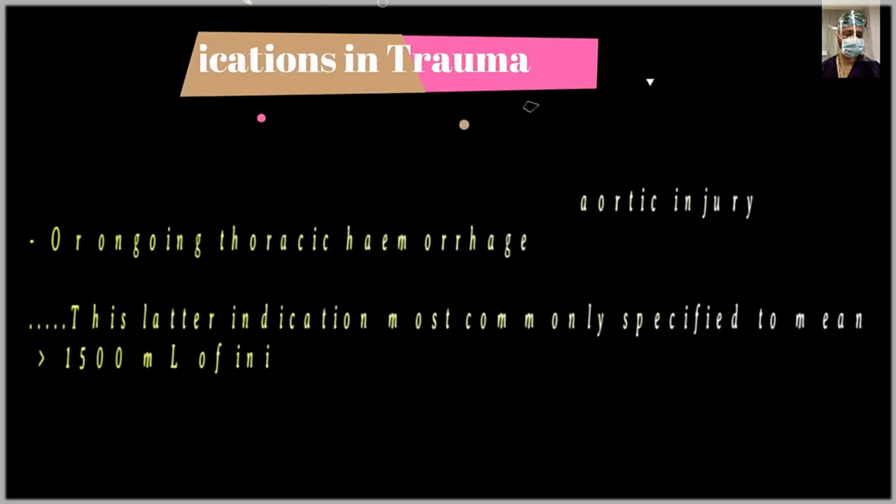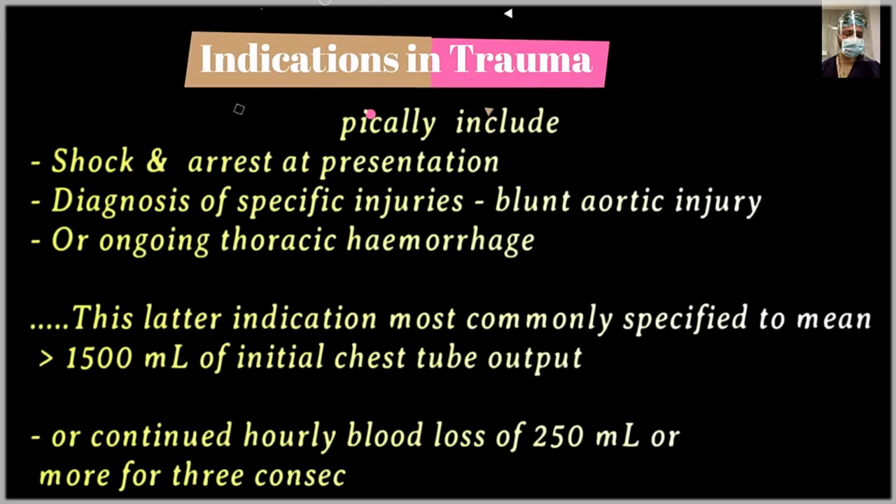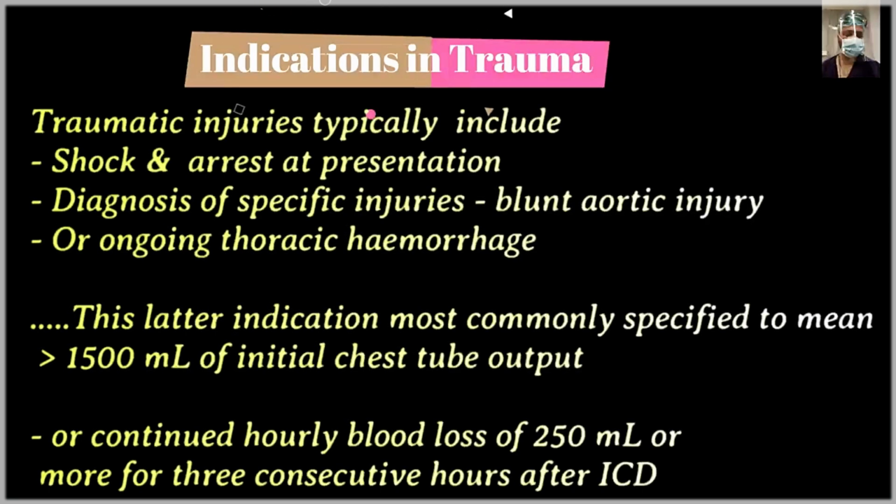The indications in a trauma patient typically include shock and arrest at presentation, or you are suspecting a specific diagnosis like blunt aortic injury, or there is an ongoing thoracic hemorrhage. Trainees often confuse this indication.